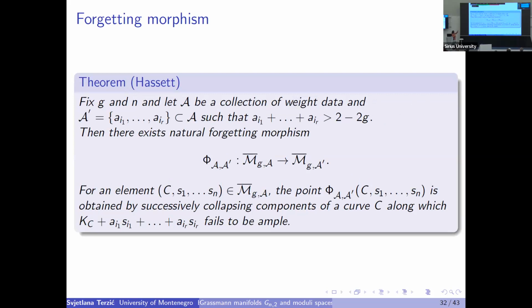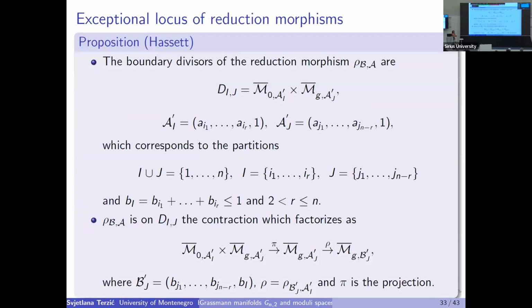Then he said that there exists a natural forgetting morphism from this space to this space, again obtained by successively collapsing components of the curve along which this divisor fails to be ample. And then Hassett also described in his paper the boundary divisors for the reduction morphism. He actually proved that the boundary divisors are of the following form.